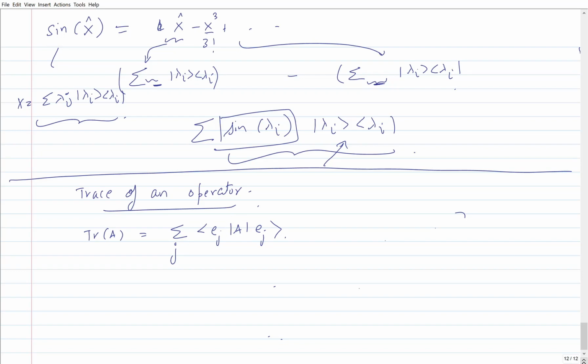Some important properties of a trace: trace is linear. Trace of A plus B is equal to trace of A plus trace of B. Basis independence.